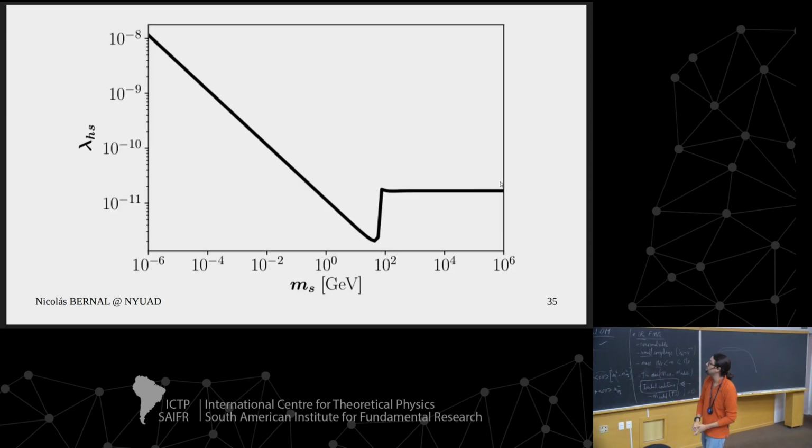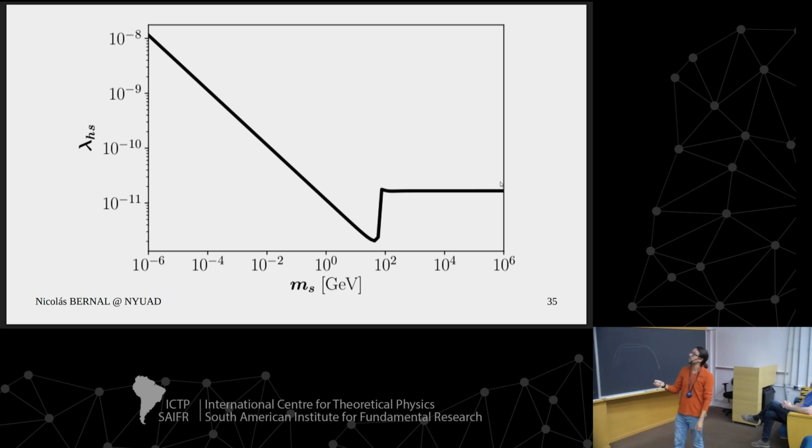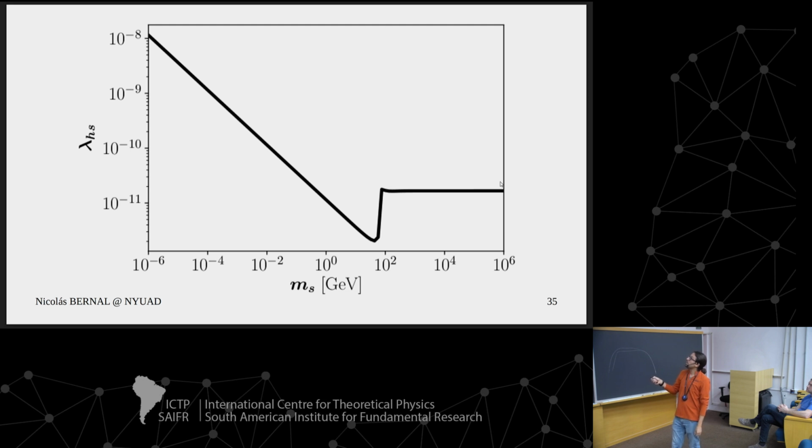But now I'm showing you here the parameter space favored by FIMPs, with the dark matter mass in GeV. A much larger parameter space compared to the case of WIMPs. Maybe I should have started here at 10 to the minus 3 because of BBN, but I stopped at 10 to the 6 GeV, though I could have gone to even higher masses. But the important thing is the couplings. Couplings are not order 1 anymore, as in the case of WIMPs, but 10 to the minus 10-ish. So you can see two regimes.